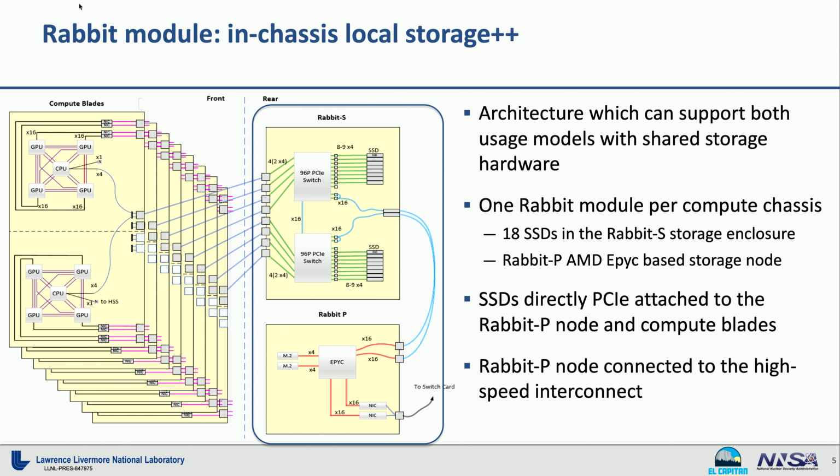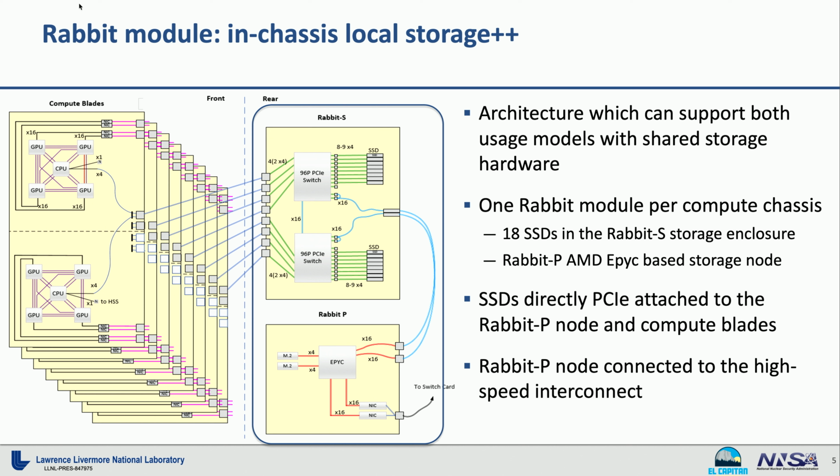El Capitan's approach to this is to provide flash storage that's in the compute chassis, but set it up in a way that's more flexible than what we've had in the past. This compute storage is called Rabbits and consists of two modules.